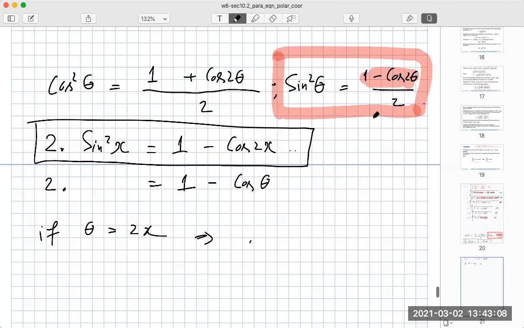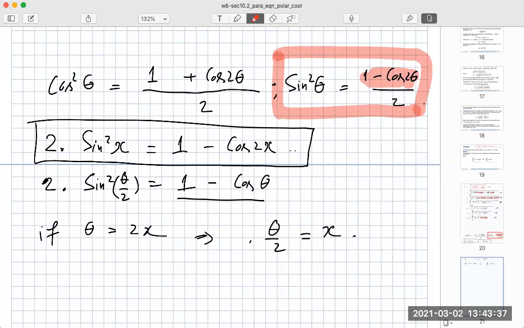If theta is 2x, then theta over 2 will be x, right? Therefore, the left-hand side becomes sine square of theta over 2. Very good. It means that we can rewrite these terms like this, okay?